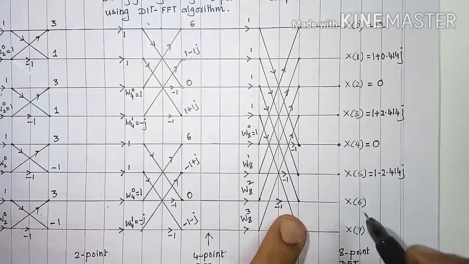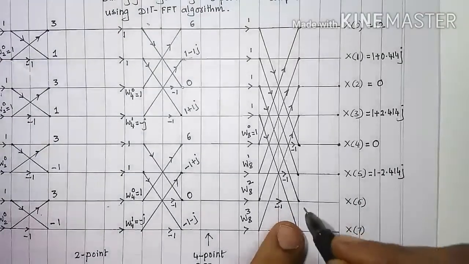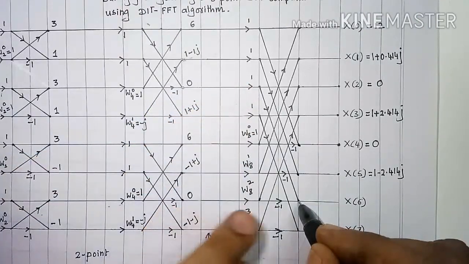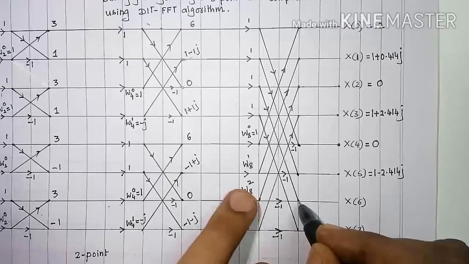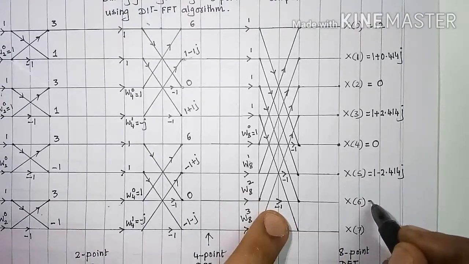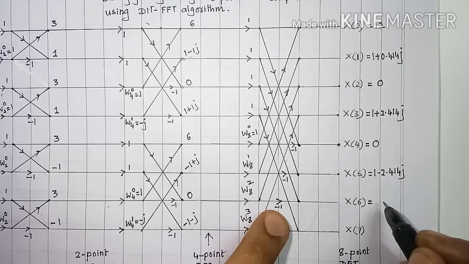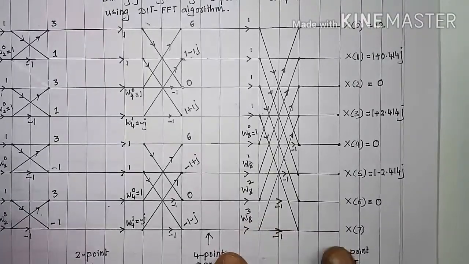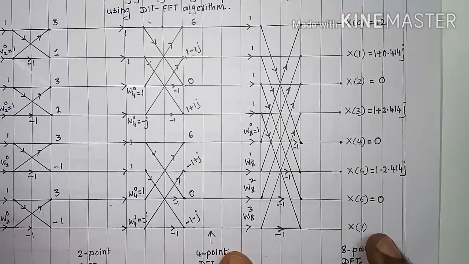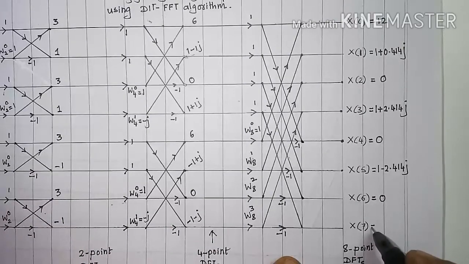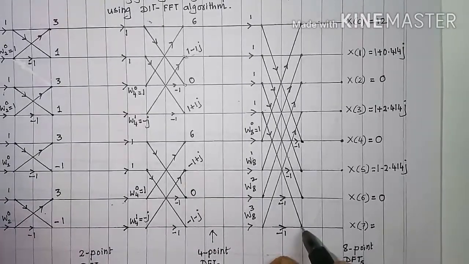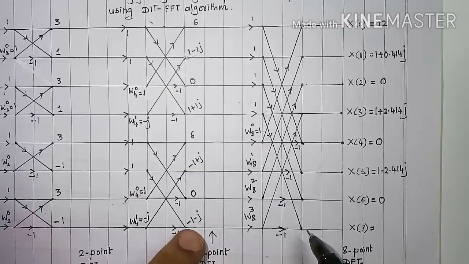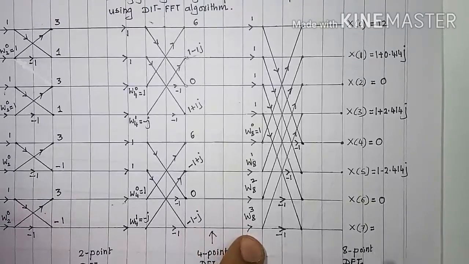Similarly, we will calculate X of 6. X of 6 is 0 into 1, 0, 0 into W8 square into minus 1 is 0. So 0 minus 0 will be 0. Next we have to calculate X of 7. X of 7 is equal to 1 plus 1j into 1 minus 1 minus j into W8 raised to 3.